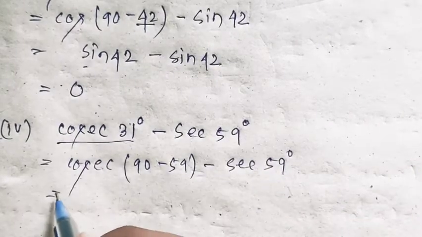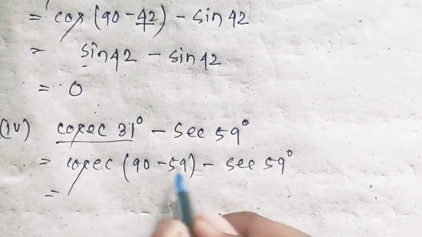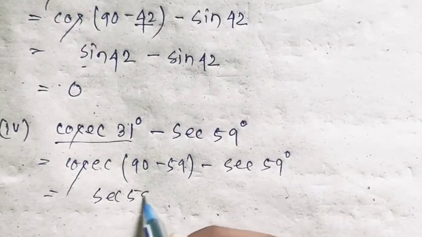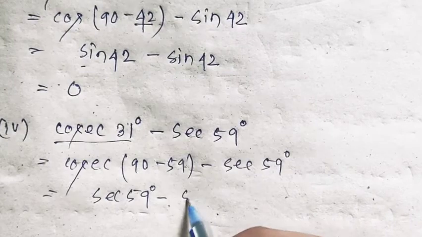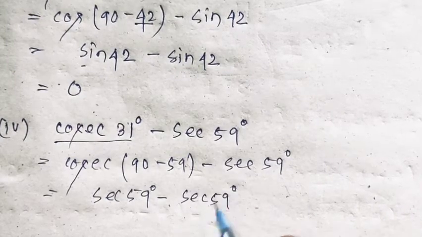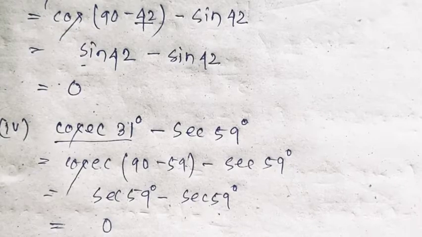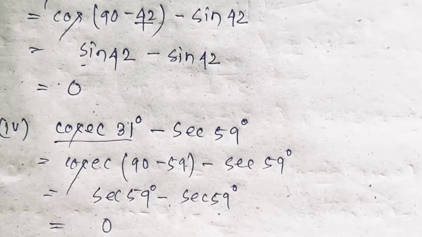Since cosec (90 minus theta) means sec theta, this is sec 59 degree minus sec 59 degree. So here your answer will be 0. Understand? Okay, I hope you understand all these questions.